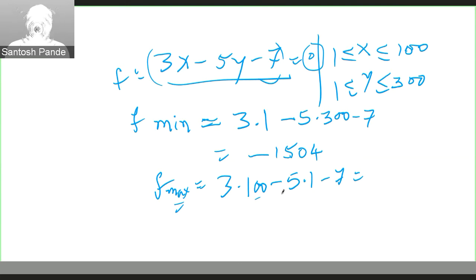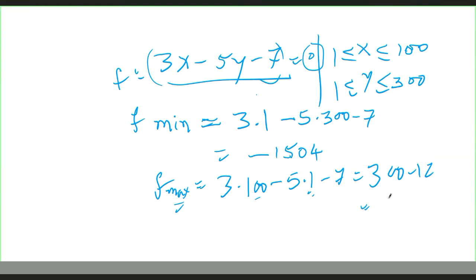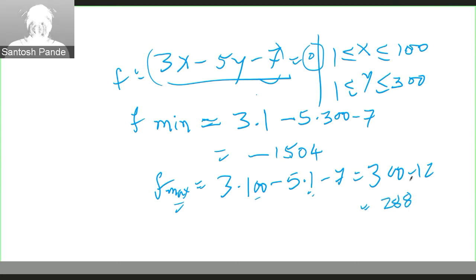For the y value, because we are maximizing and the coefficient is negative, we choose the minimum, which is 1. Now you can see it is 300 minus 5 minus 7 minus 12, something like that. So this will give us 288, which is positive.